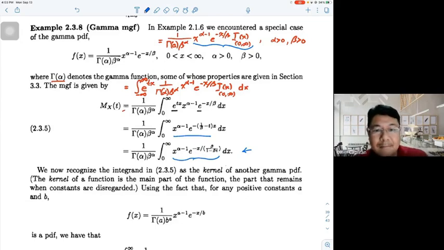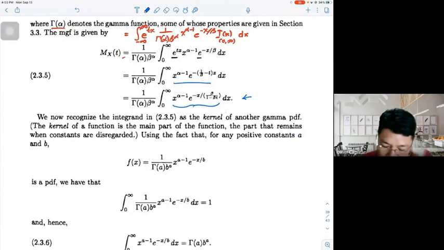Okay. To see that, say for example, this is our probability density function. We use our alpha here. We take alpha as A and then beta as B. So x here is indeed greater than 0 but less than infinity.